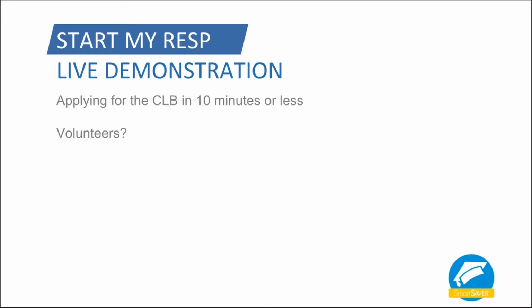Once the RESP has been opened and the application has been made for the Canada Learning Bond, you don't have to apply ever again. It's a one-time thing. Any year that the family and the child are eligible for the Canada Learning Bond, it will automatically be deposited into their RESP.